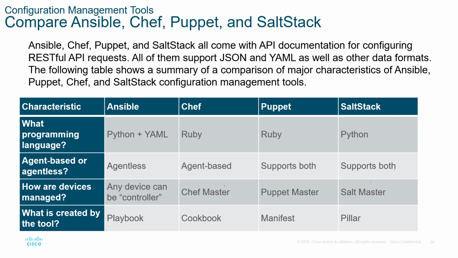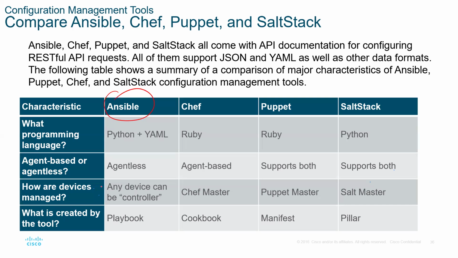So I think the ones that are good to use are agentless. In this example, Ansible is agentless. It means no software is required to run. You don't need to install any software on the devices, especially on the device which is controlling or managing the central device, right?